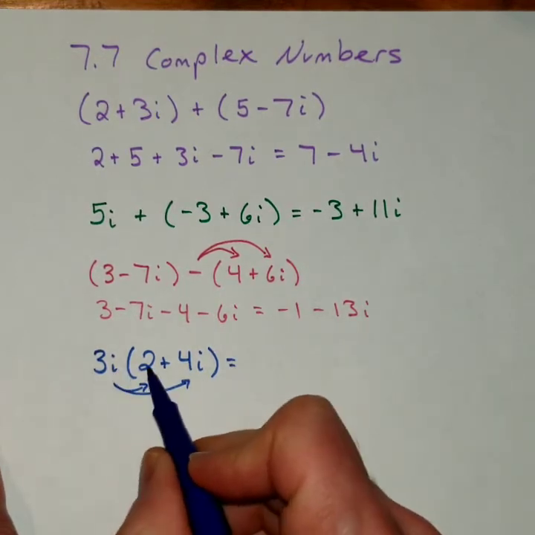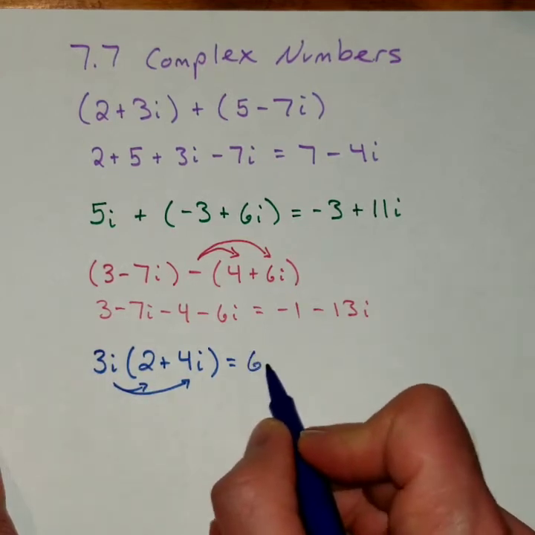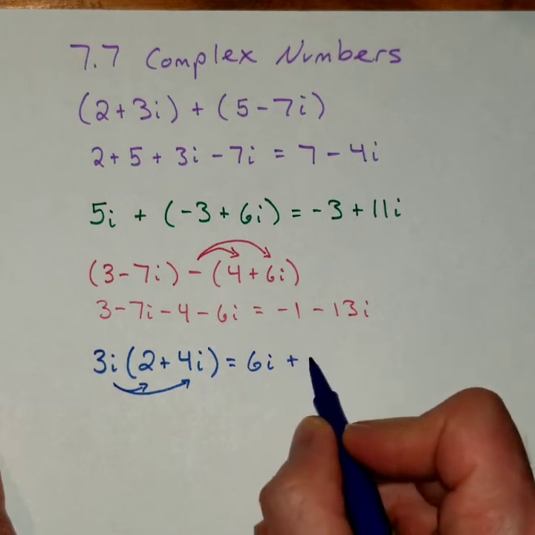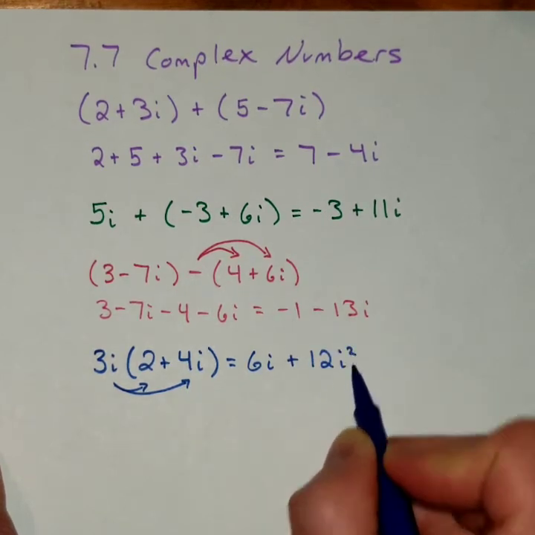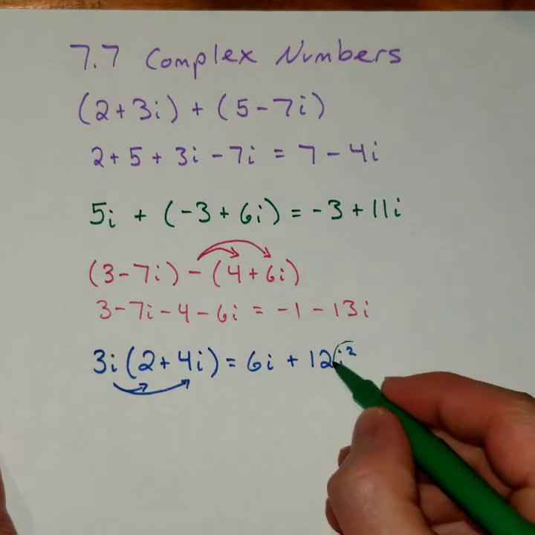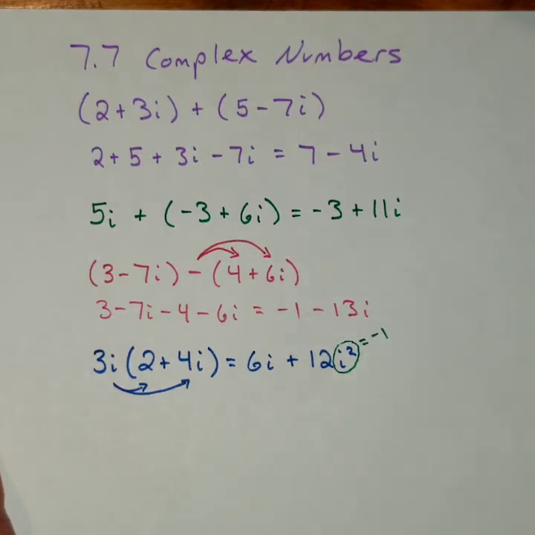That's going to give us 3i times 2. We combine the coefficients, that's going to be 6i. 3i times 4i is going to be 12i squared. Right? i times i is i squared. Now we did see earlier that anytime you see i squared, that thing is actually equal to negative 1.